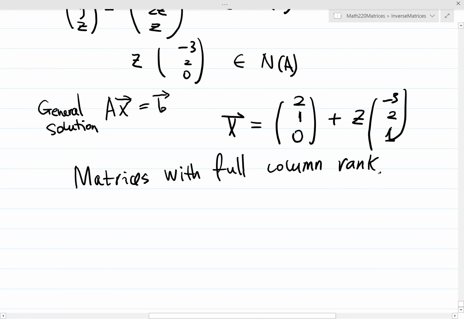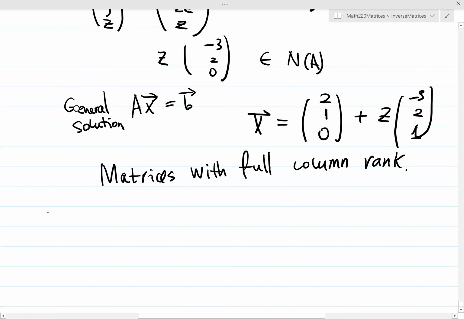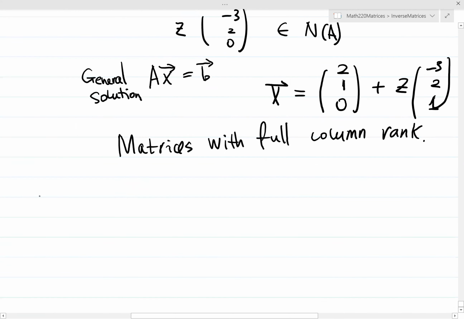Okay, we start with the definition. Suppose the column number is n.